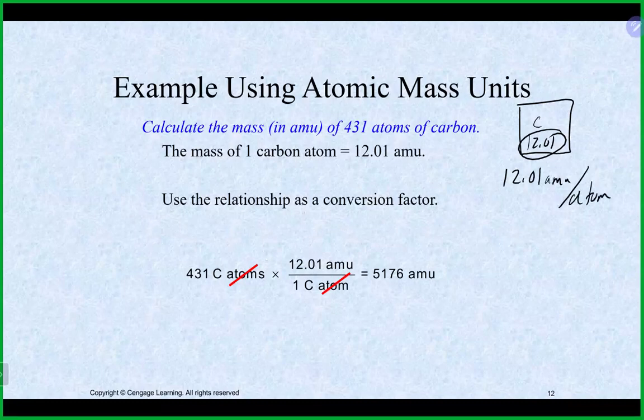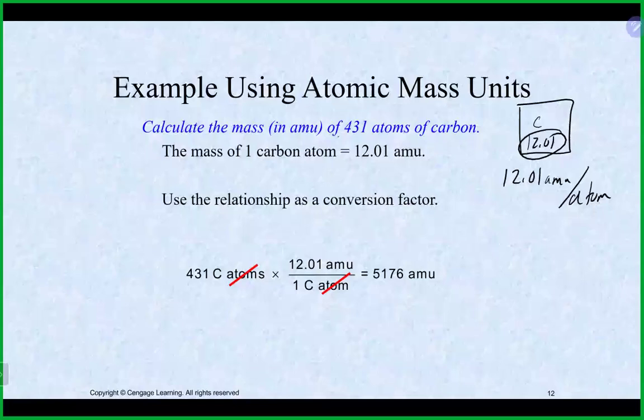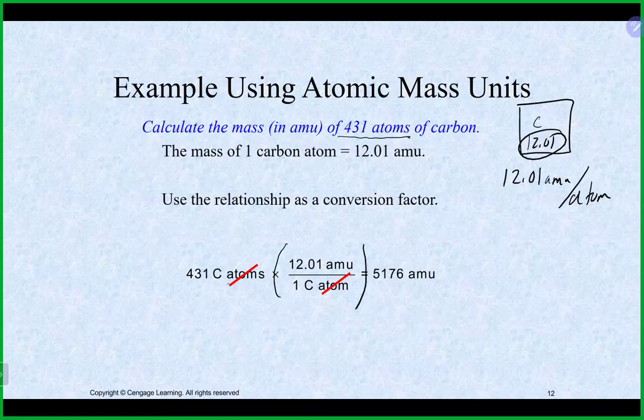So if we want to know the mass of 431 atoms of carbon, we would just do our dimensional analysis here. We would have atoms up on top. We would use our conversion factor here like so that the atoms cancel each other just like normal. We would multiply and then divide, and that would give us something like 5176 AMU as the atomic mass of that many atoms of carbon.